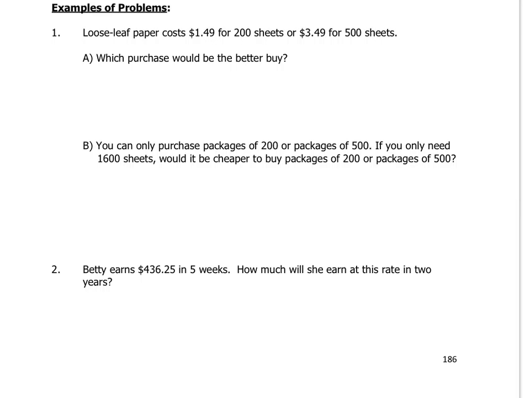So if you look at the unit rate for each of those, you can decide which one would be the better buy. So for the 200 sheets, your cost would be $1.49 for 200 sheets.